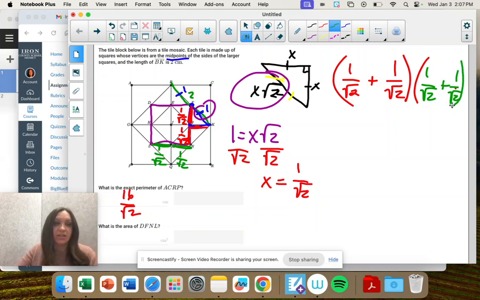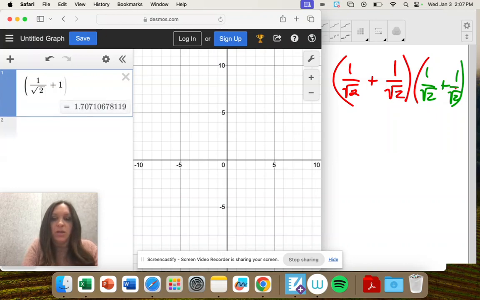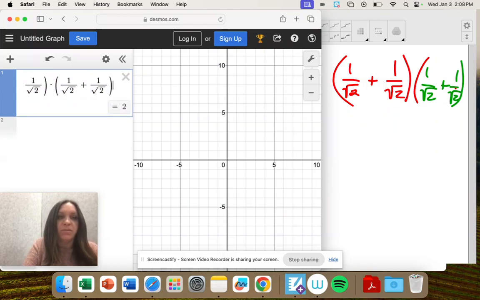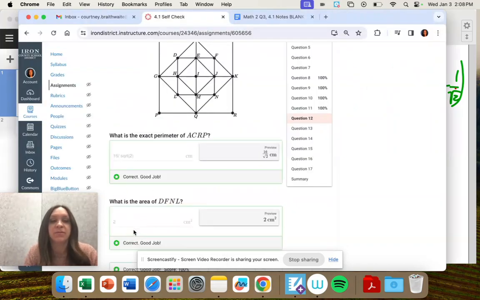That's what a side length does. And I'm just going to type it in the calculator just like that. 1 divided by square root of 2 plus 1 divided by square root of 2. And let's see what happens if we multiply it by itself. We get 2. So that's the area of that square.